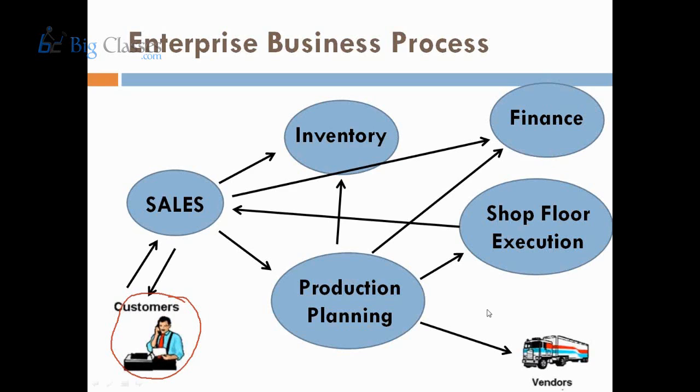Now guys, if you observe here, what exactly is happening in this company, in this business? What all do you observe here? Interacting with the different departments in the company. Very good. What else?